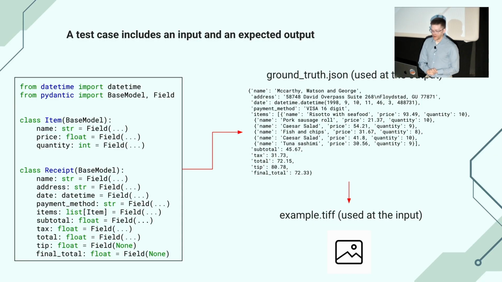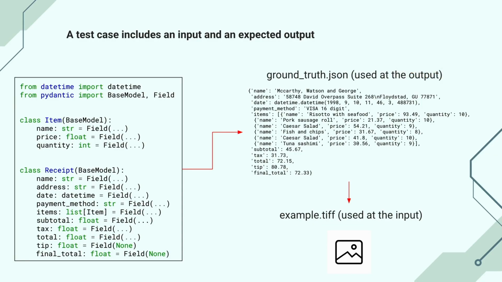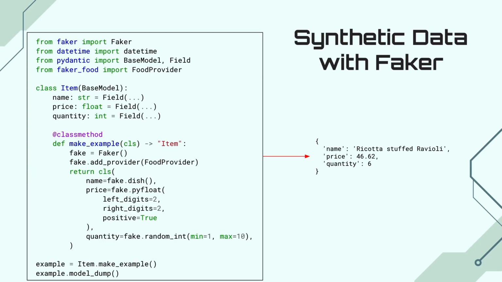So what this does is that you can create a ground truth JSON, and then you can also use that to generate the thing that actually goes into the input for your test cases. Faker is a good library for this because it just allows you to create a bunch of test cases really cheaply.